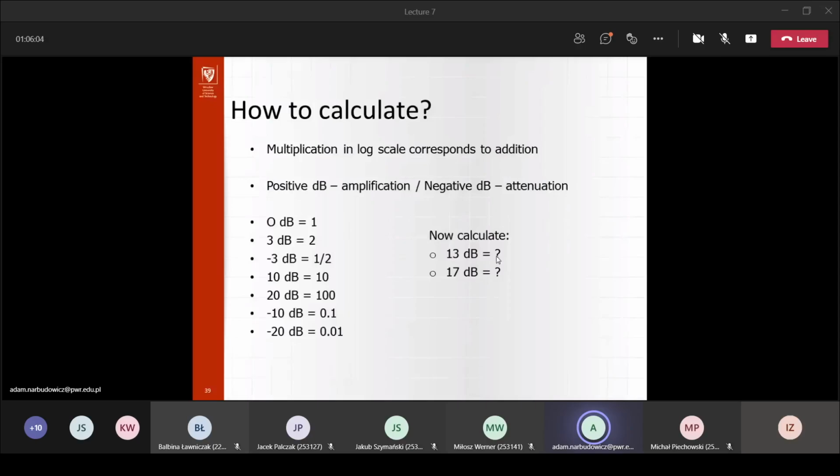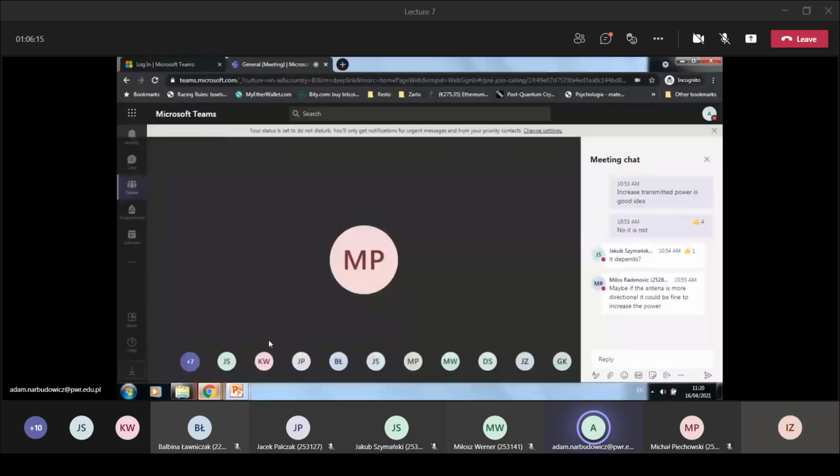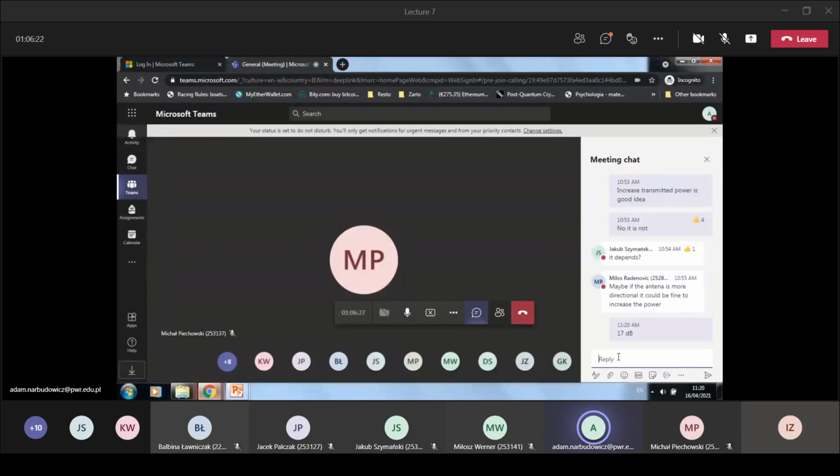Okay, so another one, and maybe let's move actually to the chat. That would be more convenient. So can anybody type me the correct solution of how much 17 decibels would be in linear scale? Or how we can break that down actually?